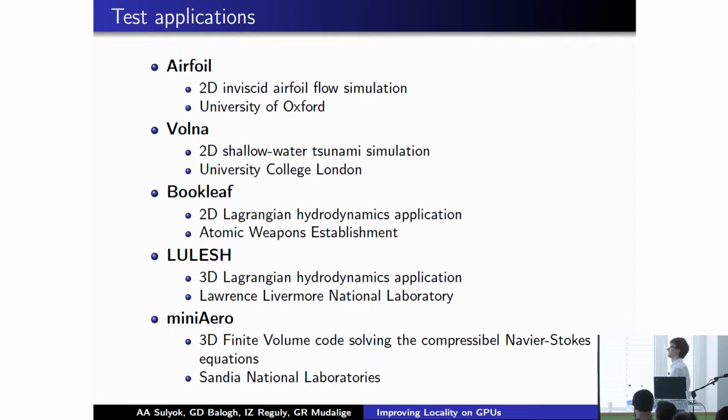We tested our applications on 5 different sample codes that are representative of their respective organizations' internal coding culture and coding style. These are mainly 2D and 3D computational fluid dynamics codes.